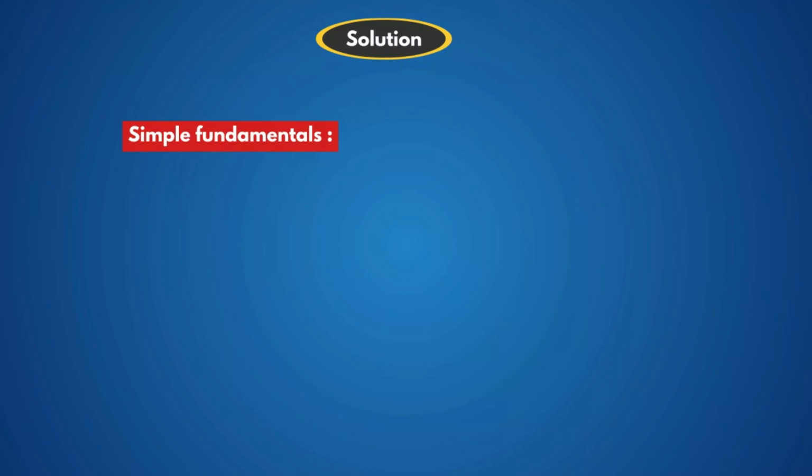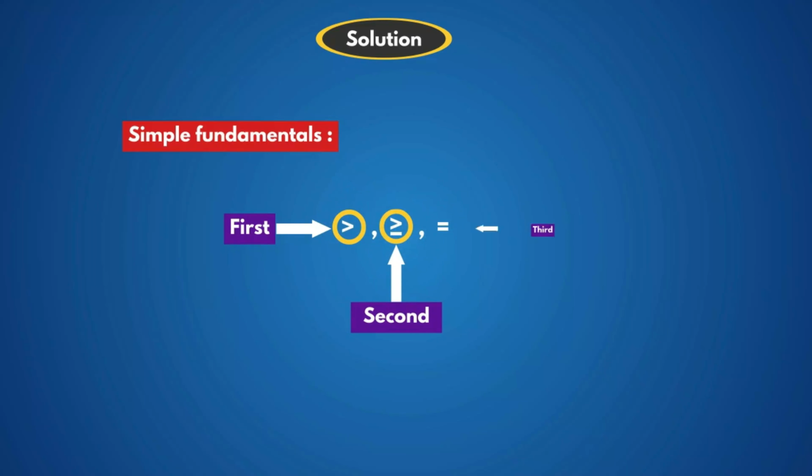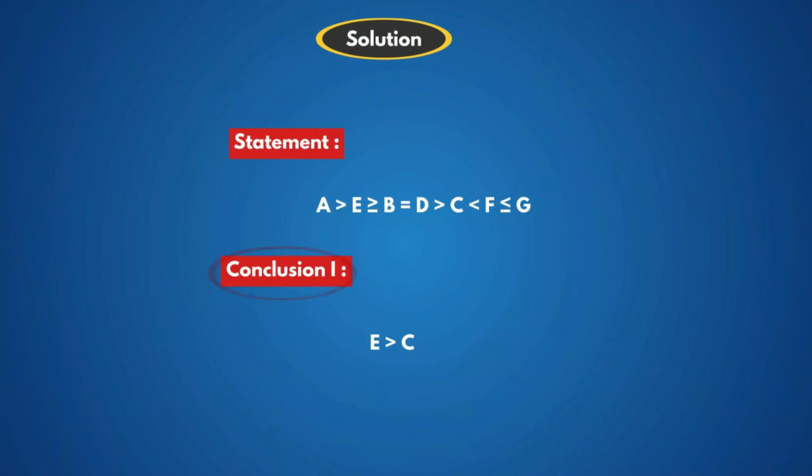We know that if the combination is of greater than, greater than or equal to, and equal to symbols, we give first priority to greater than, second priority to greater than or equal to, and third priority to equal to. So here, E is greater than C. We can say that E is greater than C or C is less than E. So conclusion 1 is true.